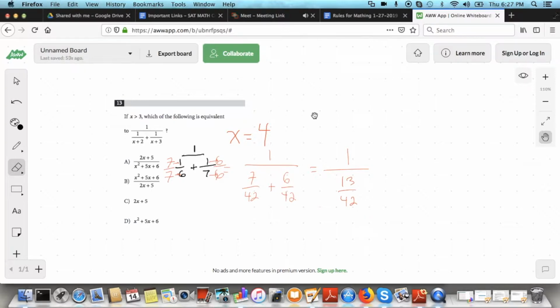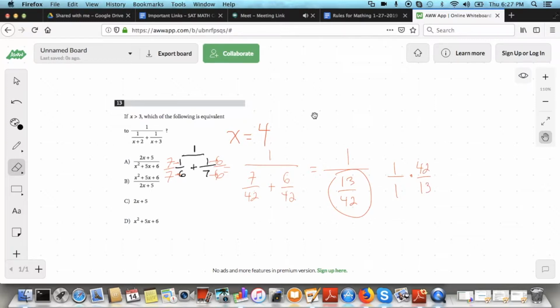So 1 is being divided by a fraction, 13 over 42. What you need to do is multiply 1, which is also 1 over 1, same thing, by the reciprocal of 13 over 42, which is what? 42 over 13, yeah, it's flipped.